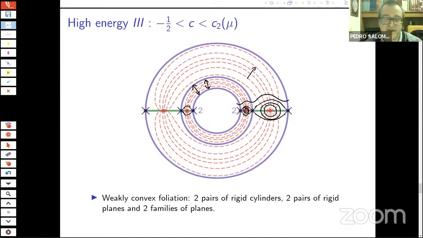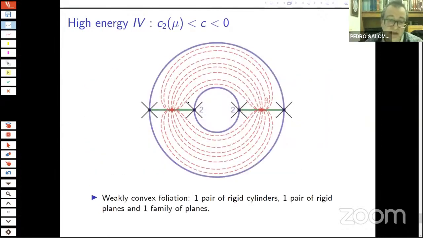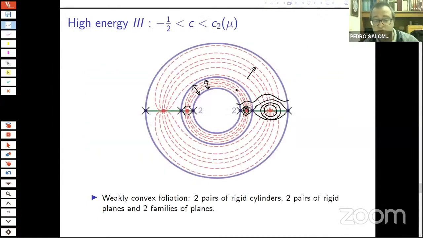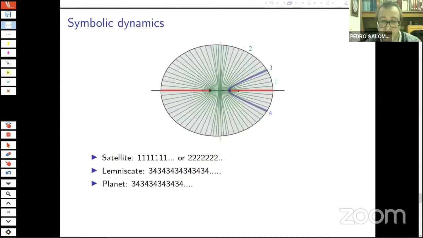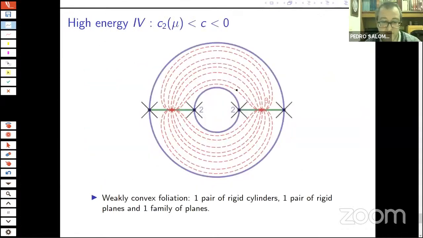And what happens in the end, which is the expected picture, is that now we have just one component in between these two spheres, and the flow is even simpler than the previous one for higher energies when we start to see the planes. So the transverse foliation is like that. Instead of having these two regions of families of planes, we have just one region.